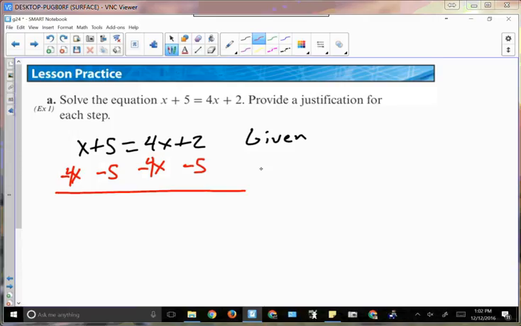Well, yeah. What operation did you do? It isn't that difficult. What operation did you do to both sides? What operation is that? Addition, subtraction, multiplication, or division? Okay, good. So we did the subtraction property of equality.